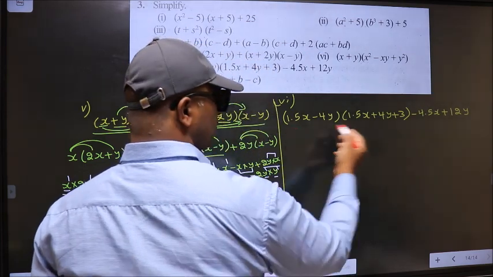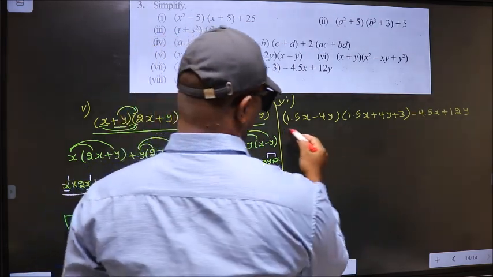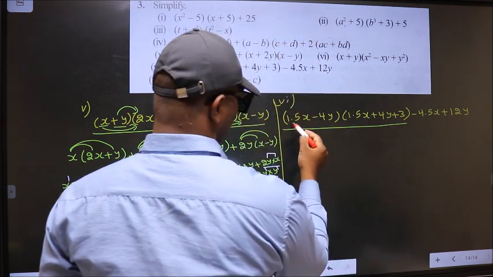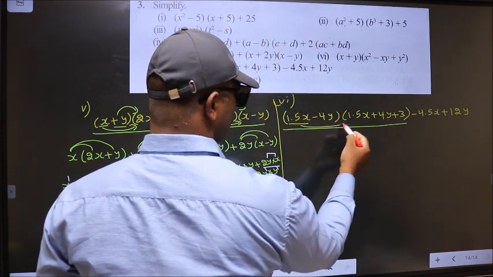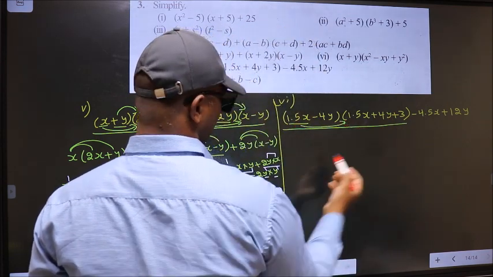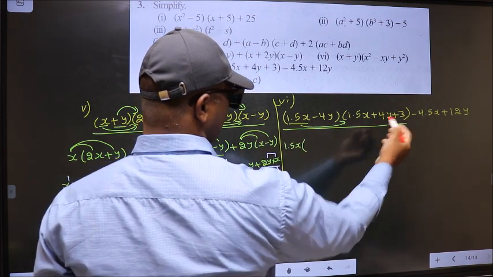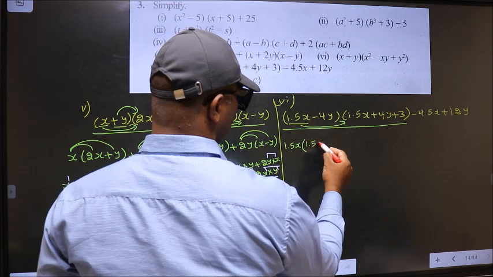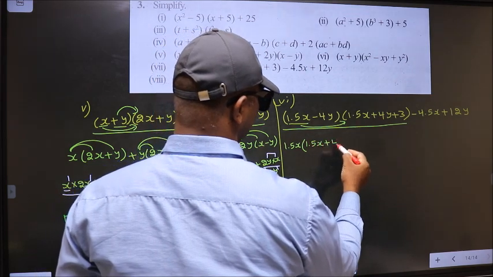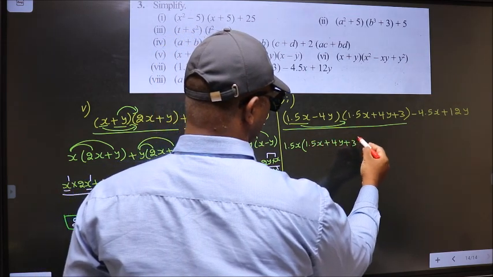Now, to simplify this, first here with 1.5x we should multiply this bracket, that is 1.5x times this entire bracket, 1.5x plus 4y plus 3.